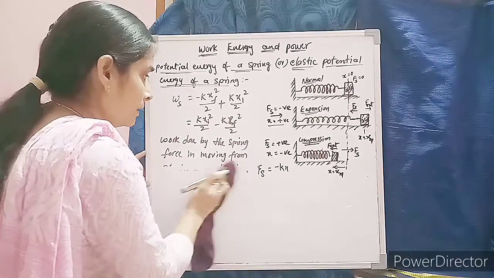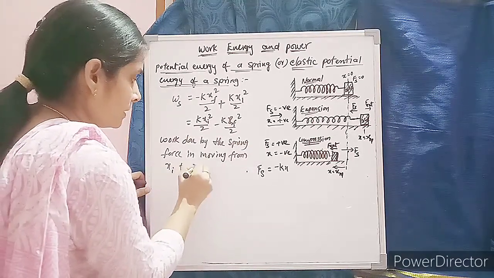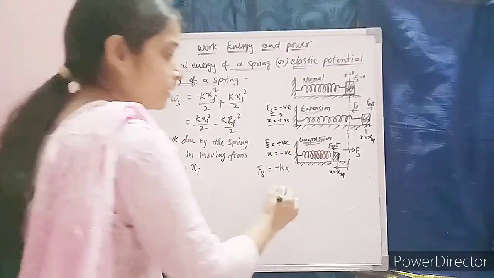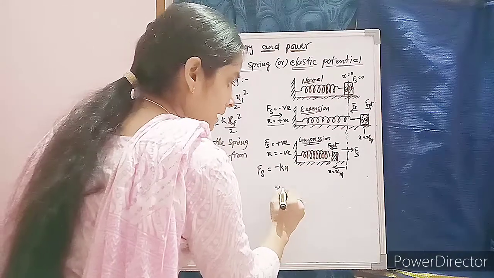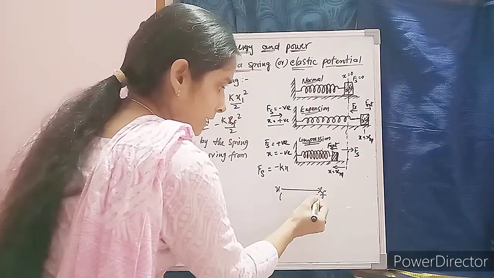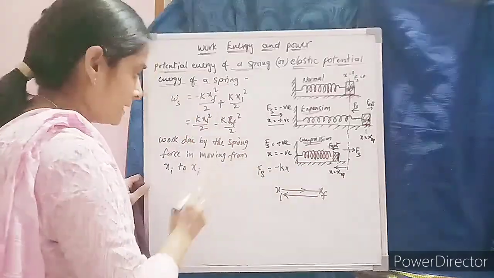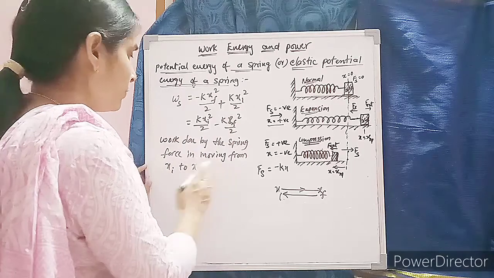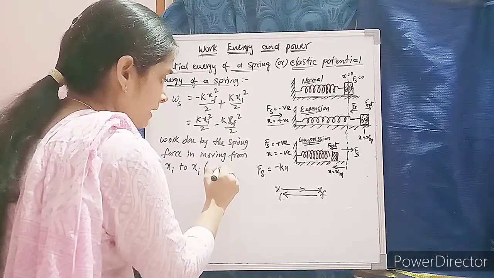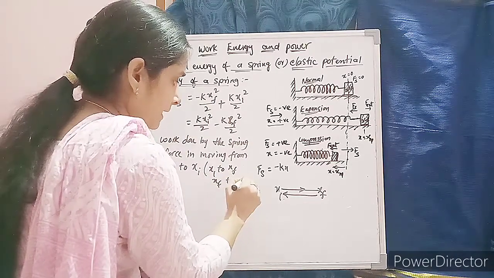So moving from xi to xi, it returns back to the initial position. It is a cyclic process. Here is xi and the block moves from here to here. It is xf, again xf to xi. So this is the cyclic work done by the spring force in moving from xi to xi. So meanwhile what happens, xi to xf, xf to xi.